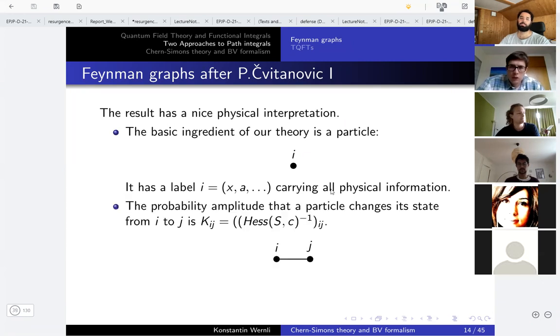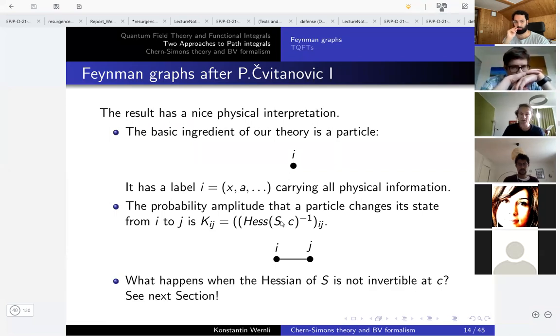And there's a basic ingredient in the theory, which is the probability that the particle changes its state from I to J. That means it changes space-time position, color, momentum, you name it. And that probability is given by the inverse of the Hessian at that critical point. This is a statement that requires its own explanation, but I'm not going to get into that today.